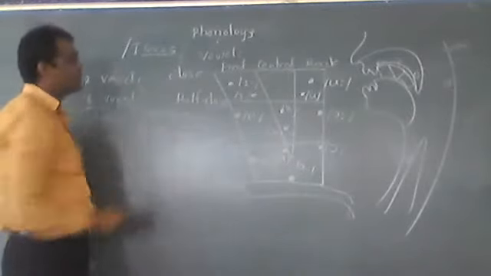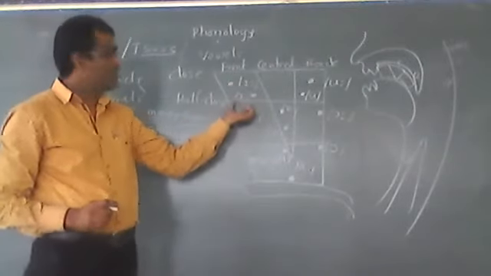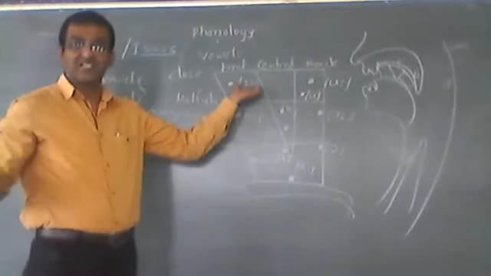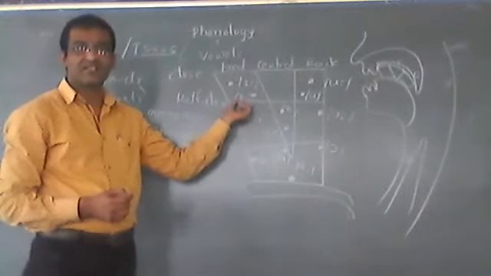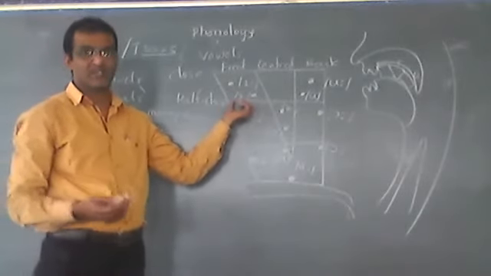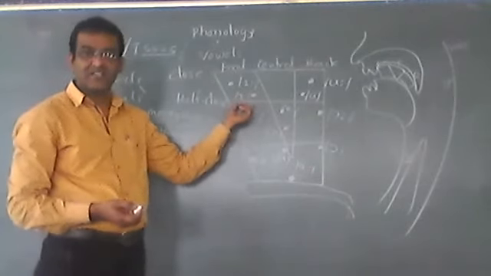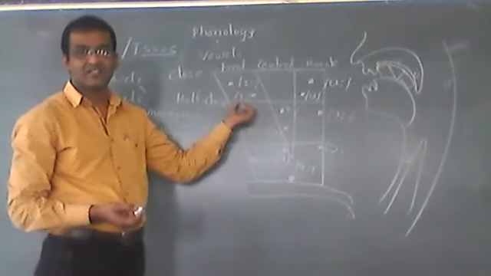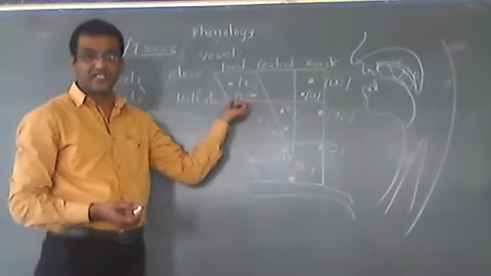So the difference can be: this is E, this is long E. In words, we can have some examples. City: in city we find this short E sound.